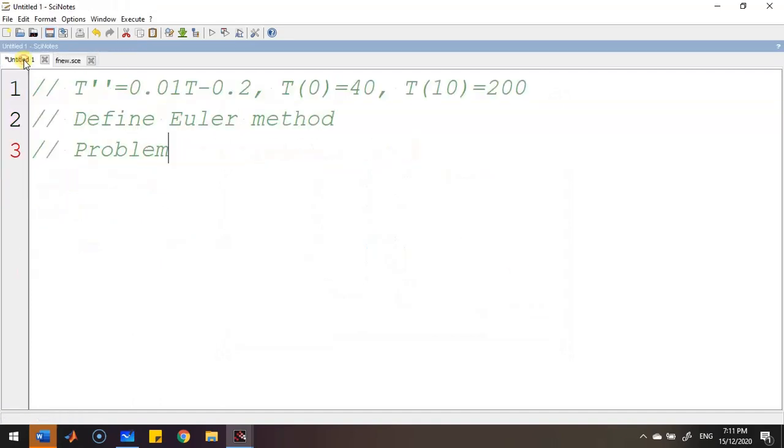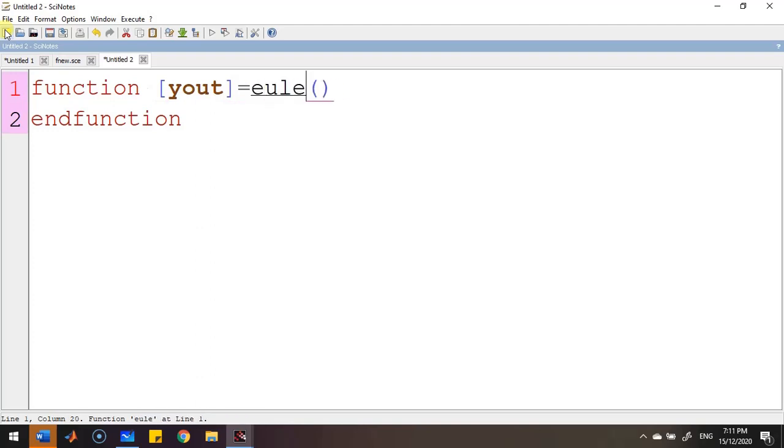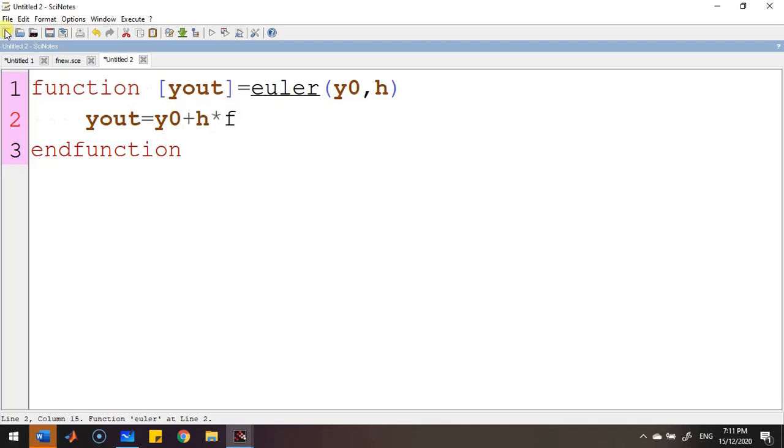The next one is to define the Euler method. Open a new file. So this is how you define it, though you have done this before, I guess. If you have the Euler method coding, you can use the same coding, or you can write it down, but make sure you put it in a different folder, not in the same folder that you have. So y out equals y naught plus h times f new y naught.